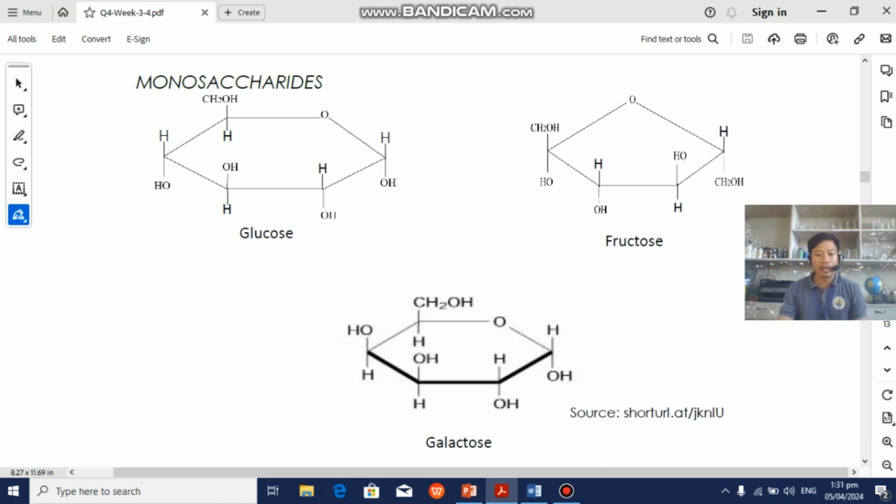If you are going to look at the galactose, in the fourth carbon, the OH or hydroxyl group is bonded on top or above, while the hydrogen is bonded below. So that is the difference of glucose and galactose in terms of their structural formula.